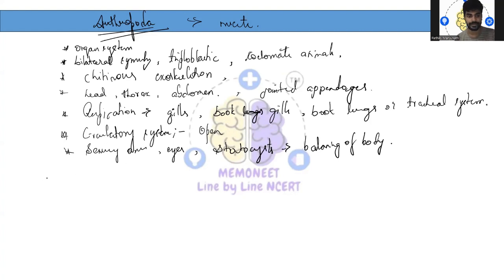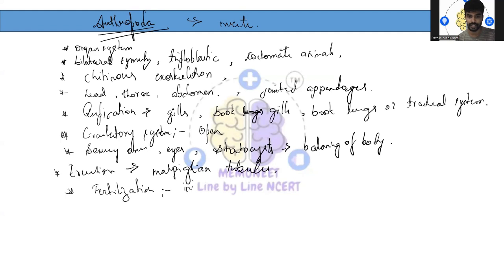When coming to excretion, it normally takes place through the Malpighian tubules, and they are mostly dioecious animals. When it comes to fertilization, whether it is external or internal, it will usually be internal, and they are mostly oviparous animals.